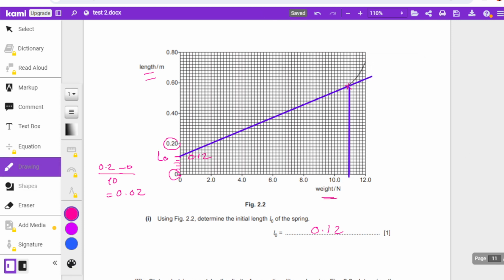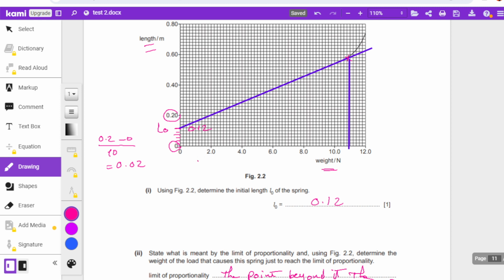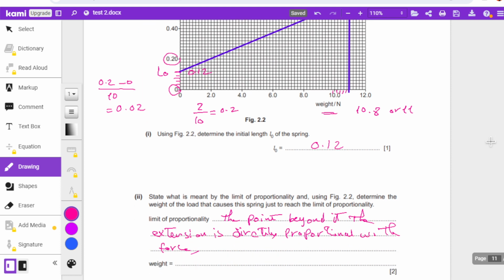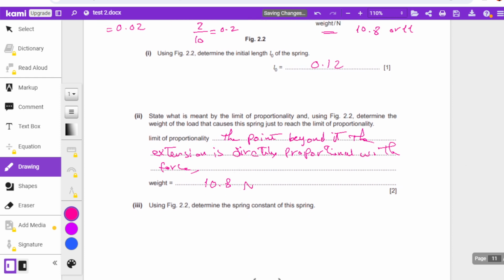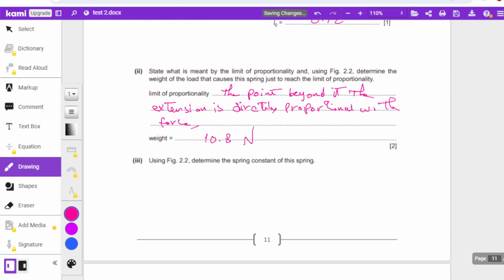Read it: because this is 2 divided by 10, each square equals 0.2. So now we have 10, 10.2, 0.4, 0.6, 0.8, so it can be 10.8 or 11. Both are accepted, so you can write 10.8. And what is the unit? Newton.